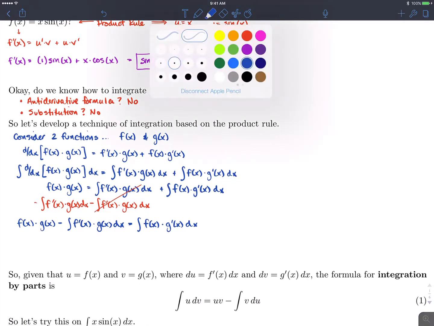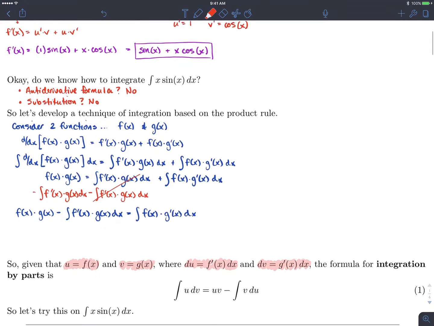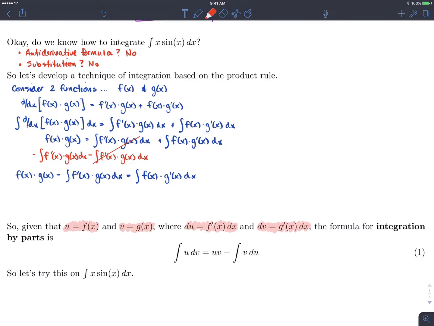As I noted down here, if we were to let f of x be represented by u, and f prime of x dx be represented by du, and then let g of x be represented by the letter v, and g prime dx be represented as dv, so we're getting a little bit closer to what the product rule looked like, and then we just flip the equality, we get this formula for integration by parts.